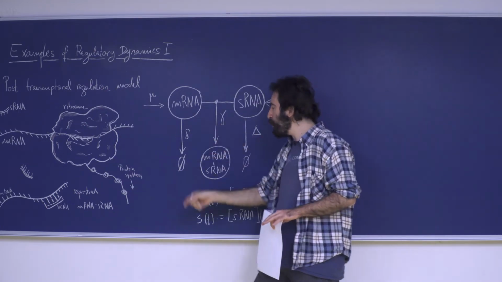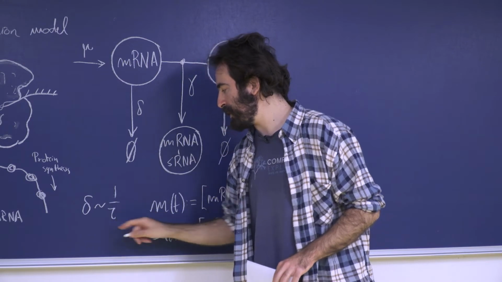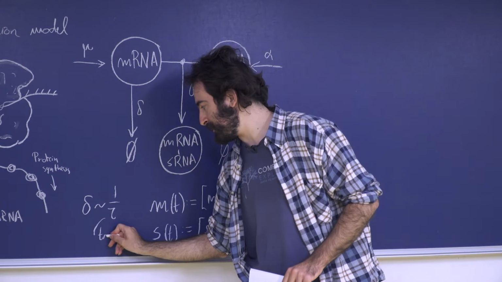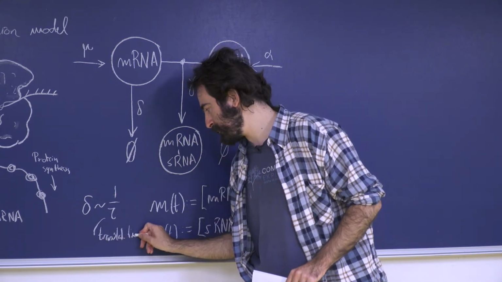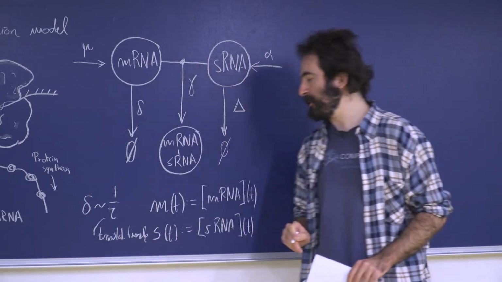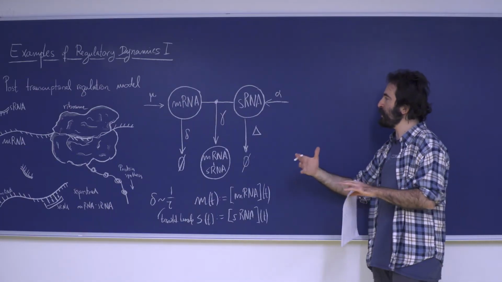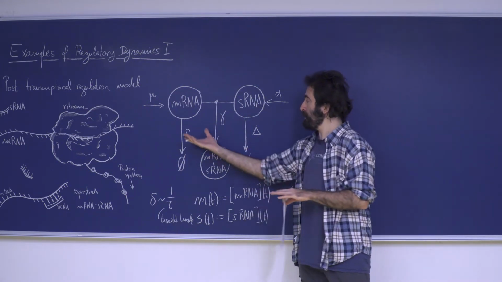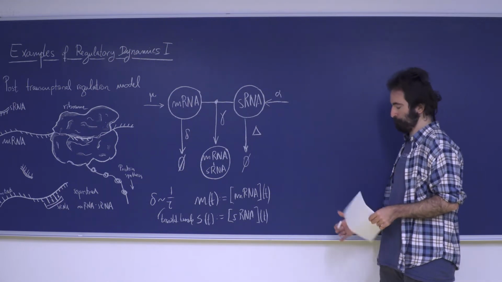So if you want, you could say that delta is related to 1 over tau, where tau is the translational timescale. So that also is introduced in this model in a very approximated way, but it still will work and give us some interesting responses.